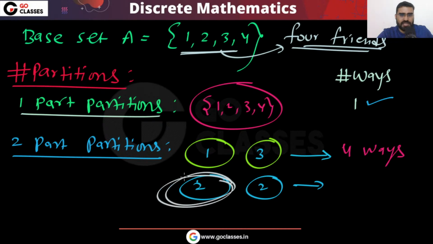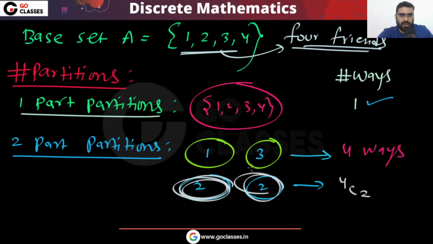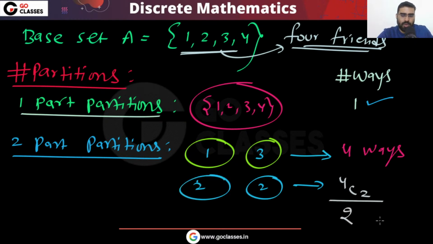Similarly, you can select which 2 friends are together. But you have to divide by 2, because remember, order doesn't matter.